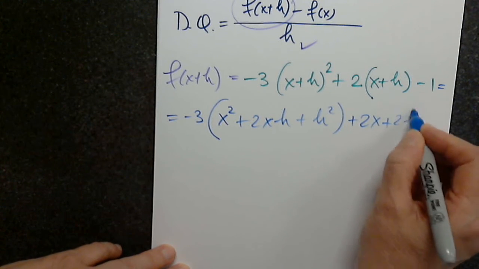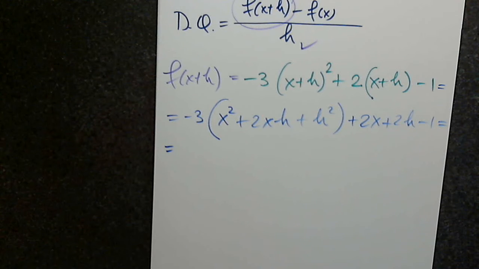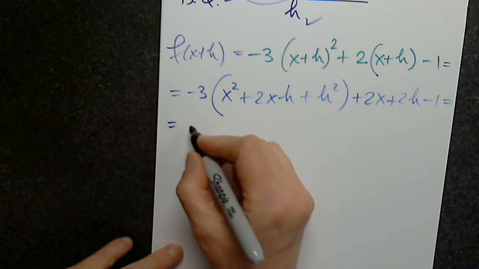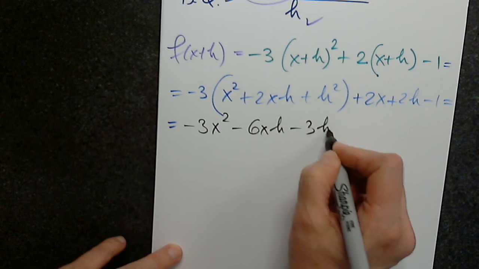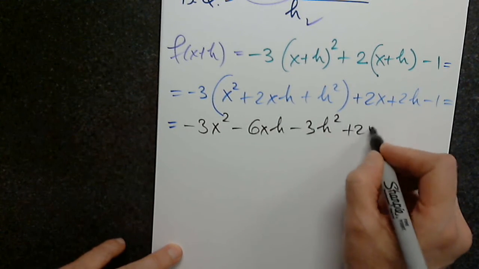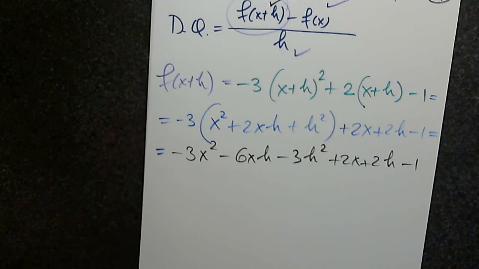Plus 2x plus 2h minus 1. So now this is -3x squared minus 6xh minus 3h squared plus 2x plus 2h minus 1. So finally I have that piece. Now I will put everything together to find and simplify the difference quotient.